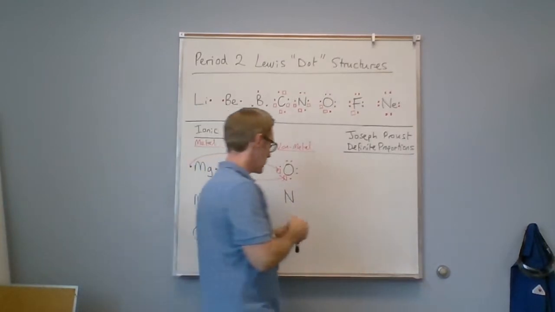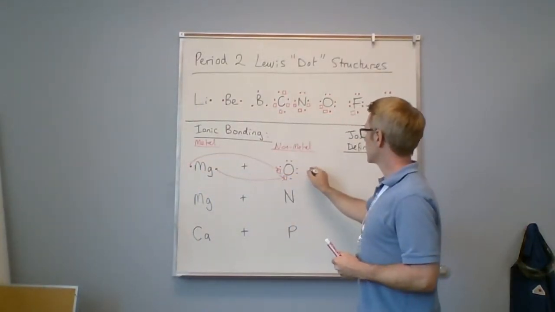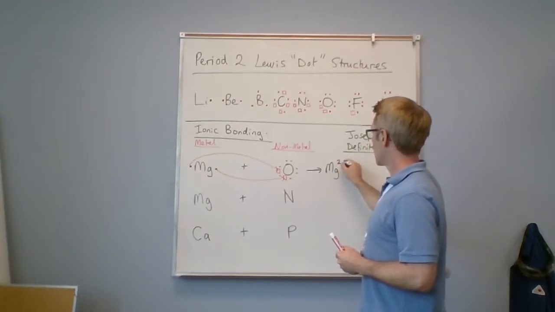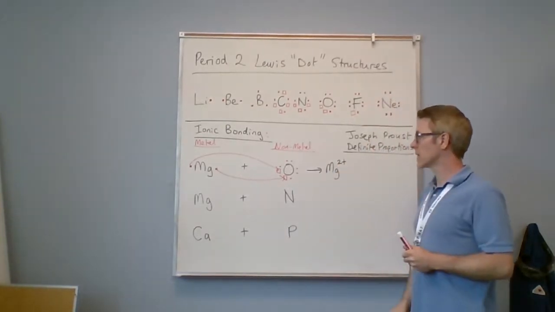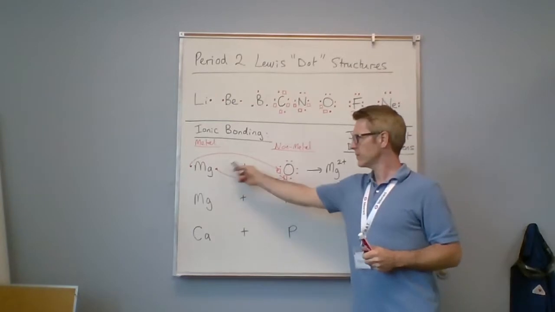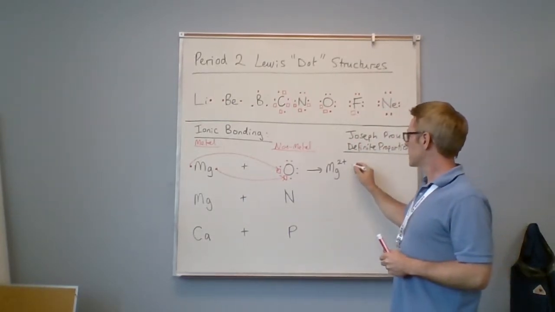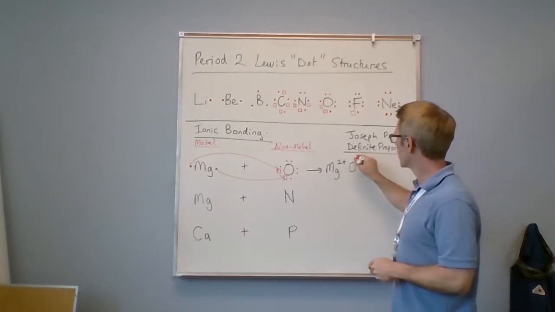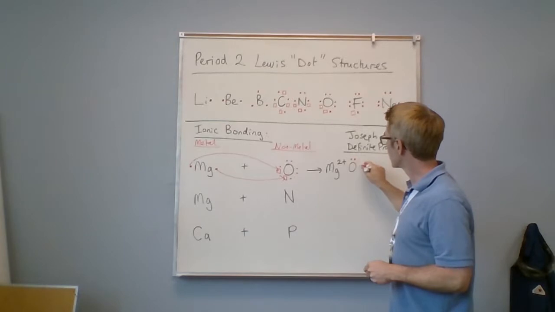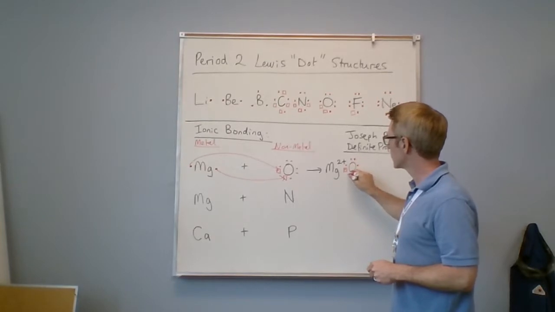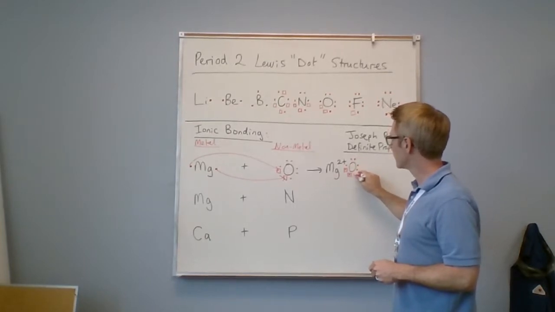So when we write this down, we know that magnesium has lost its 2 valence electrons. They're gone, it's got 2 positive charges in return, and it's now got an oxygen with 6 dots, original 6 dots, plus the 2 dots that were given to it from magnesium.